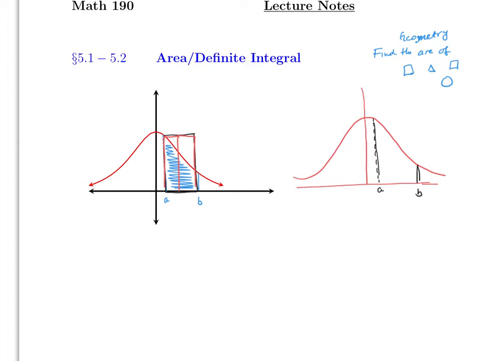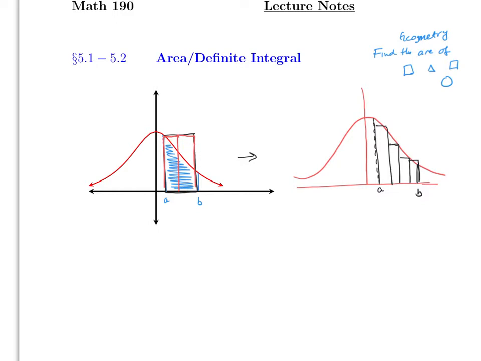Let's say you want the area again from A to B, it's still the same shape. So if instead of, let's say 2, you have 4 rectangles, and you do 1, 2, 3, and 4, you can see the area of these 4 is way more precise than the first one.